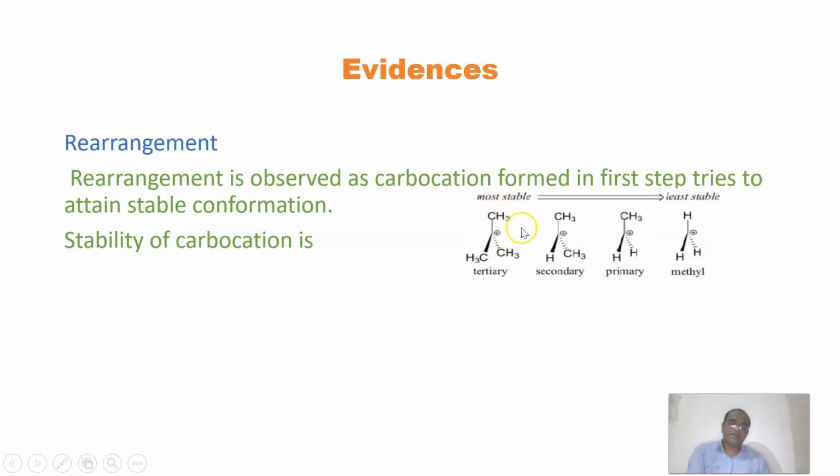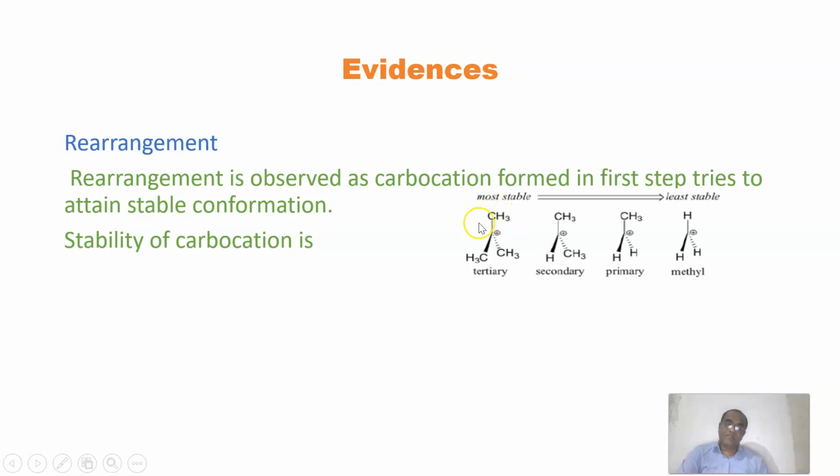When electron releasing groups on the carbon increase, there will be more stability. You might have learned about the inductive effect in the first chapter also: as the positive inductive groups increase, the stability of the carbocation increases.